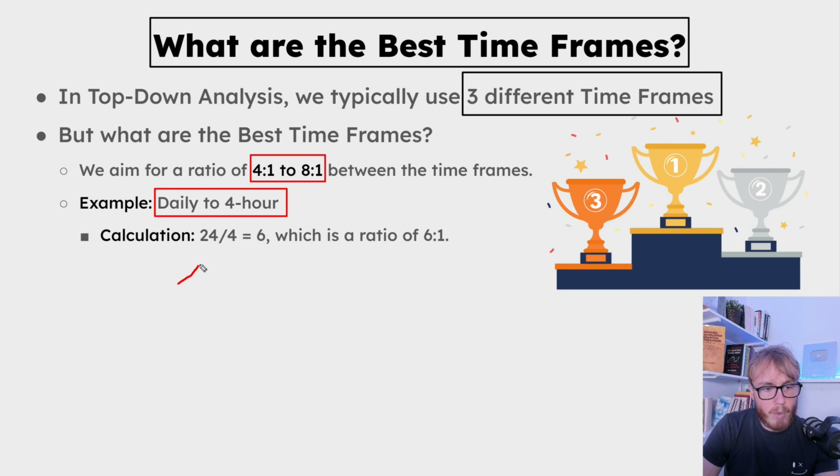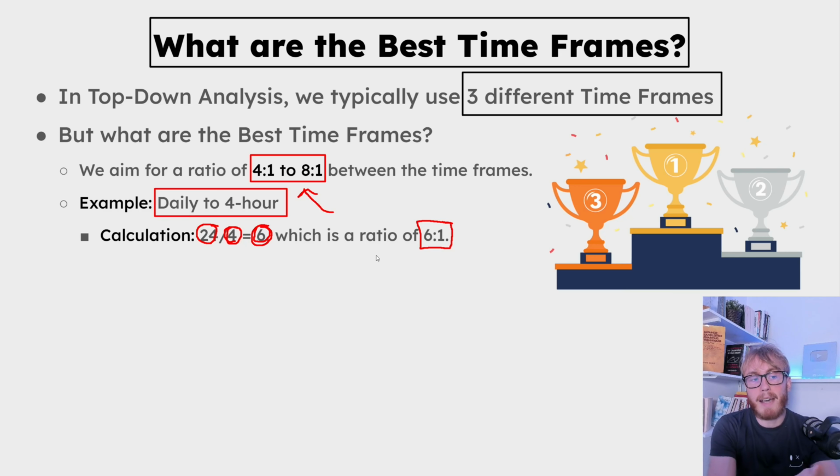Well, in one day we have 24 hours, and in 4 hours we of course have 4 hours. So we compare how large the daily is compared to the 4 hour, and we can see that the daily time frame is 6 times larger. Or in other words, we have a ratio of 6:1. As you can see, 6:1 is in the middle of 4:1 and 8:1. So this right here is a good ratio.